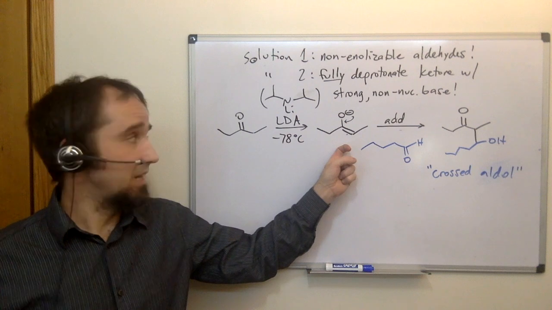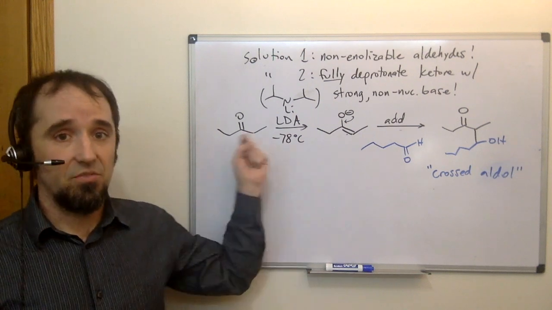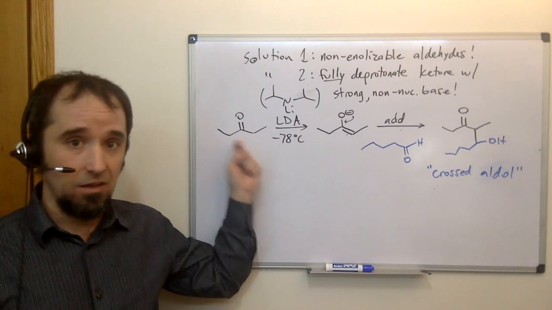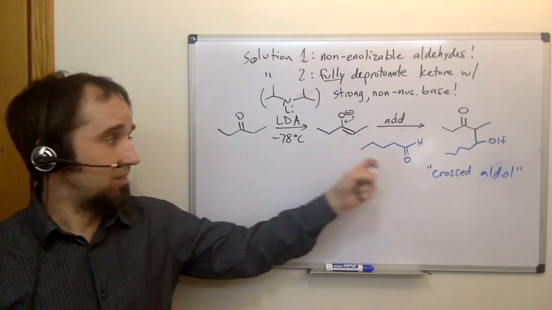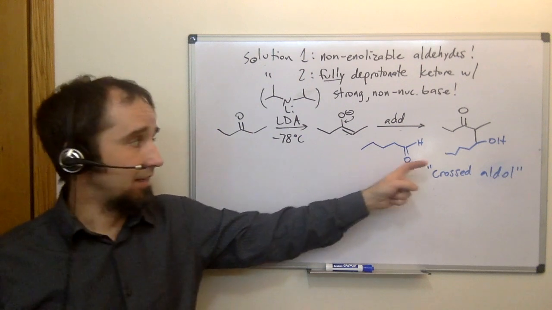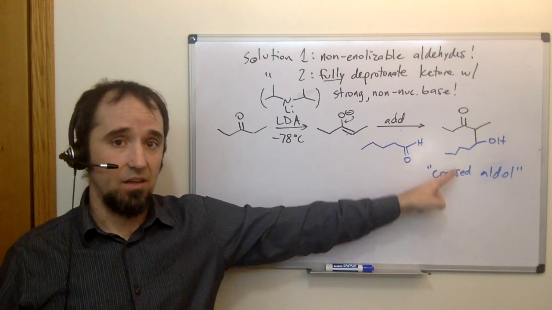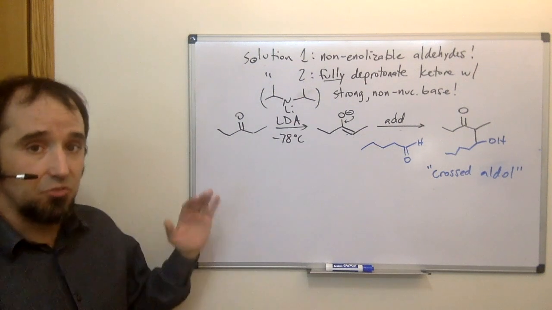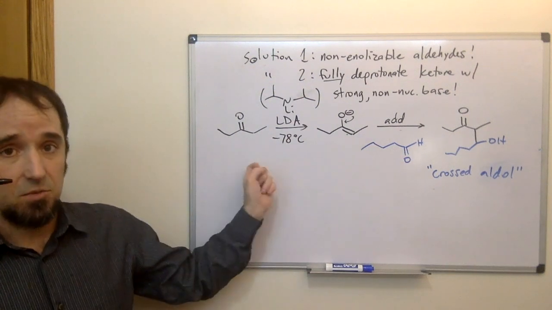Now that I have 100% enolate, I don't have to worry about some of this remaining to be an electrophile. Right? It's all over here, so I can then add some electrophile ketone or aldehyde and get the aldol product that I want. So this is called a crossed aldol, and it works, but it only works if I can fully deprotonate my starting material here.